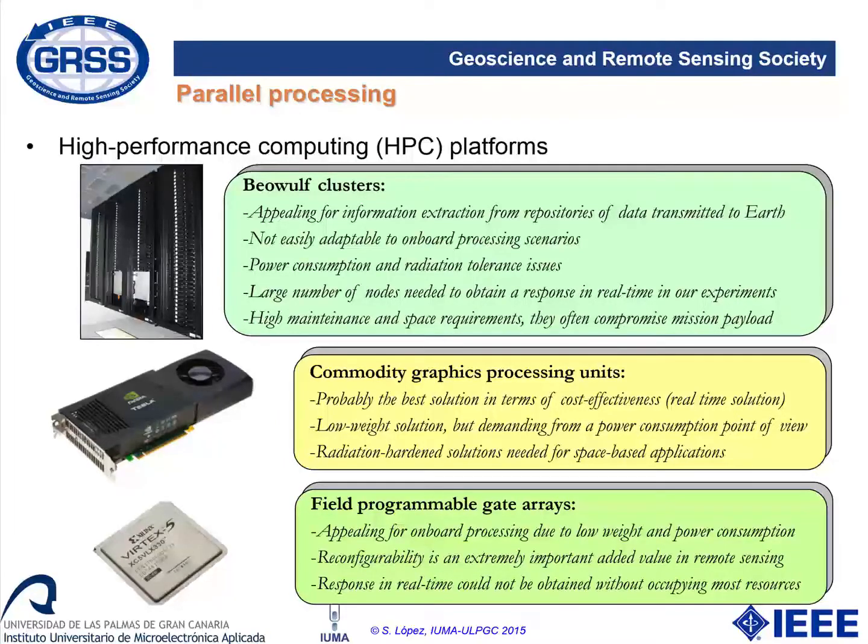In addition, they can be reconfigurable, which means that we can map an algorithm onto an FPGA and then change it to run another one, which is also very important for onboard scenarios. However, we need to notice that if we need FPGAs to process hyperspectral images in real time, we normally need to occupy most or even all the resources within the FPGA.